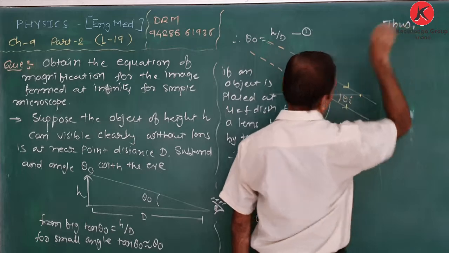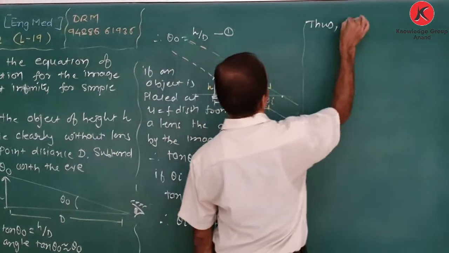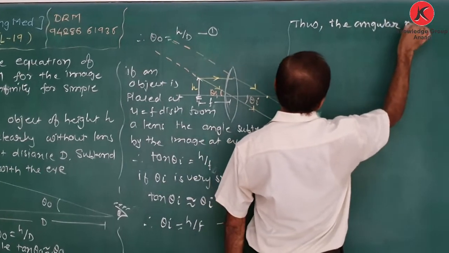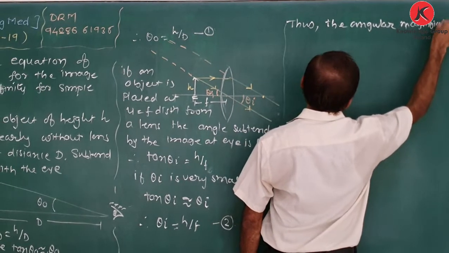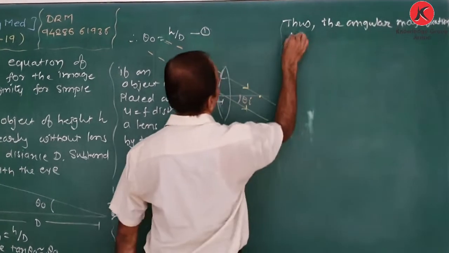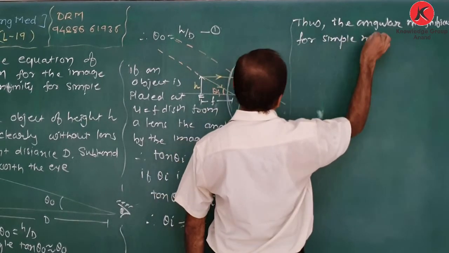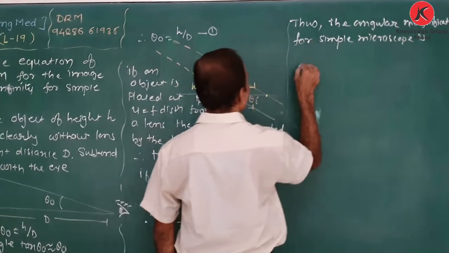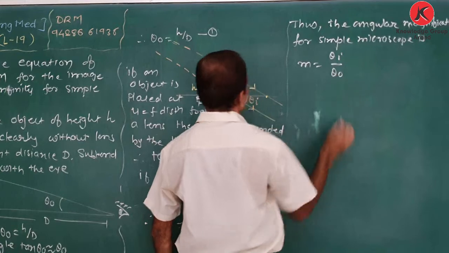Thus, the angular magnification for a simple microscope is m equal to theta I upon theta 0.